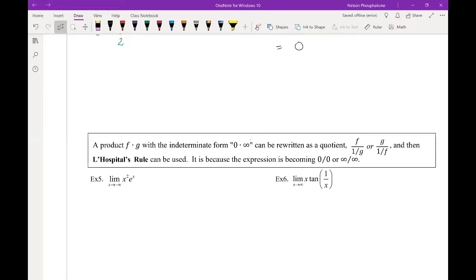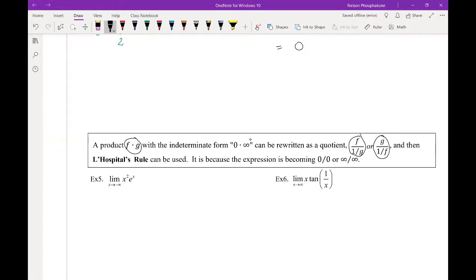So in this case, what we could do is rewrite the form of f times g into a kind of quotient. And then from there, we could apply the L'Hopital rule to finish the problem. So let's try this one right here.